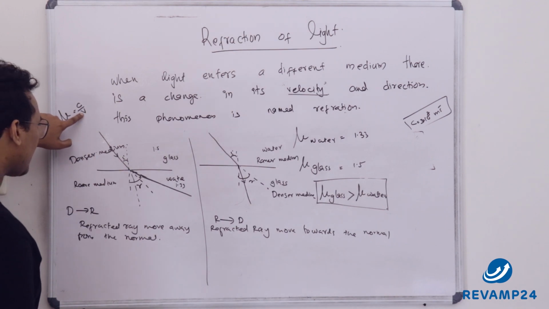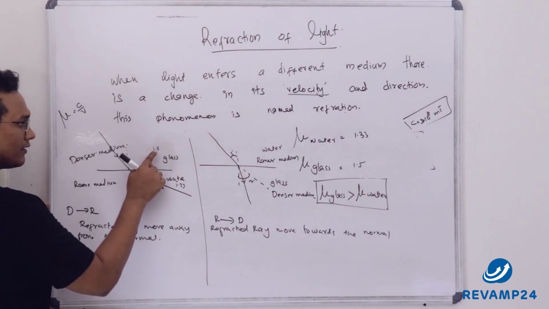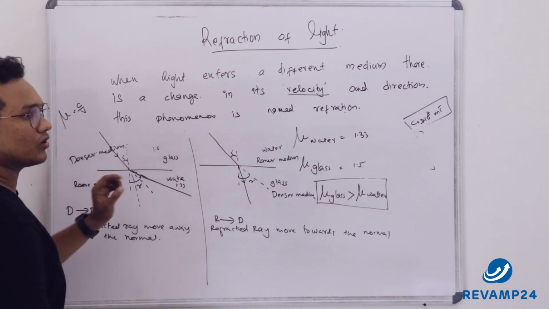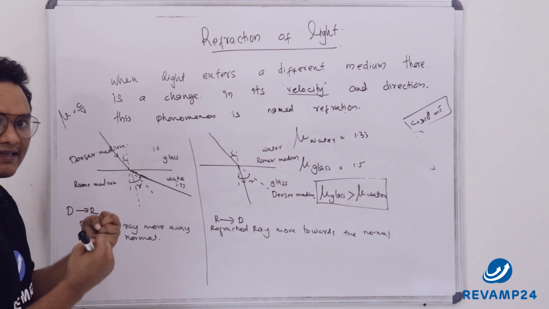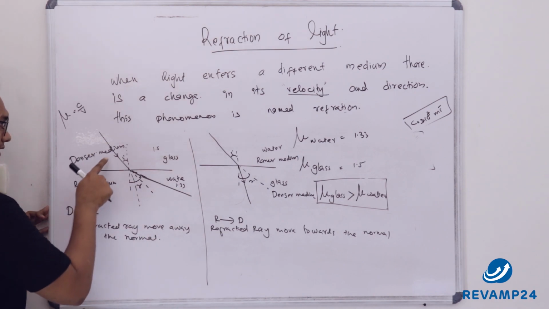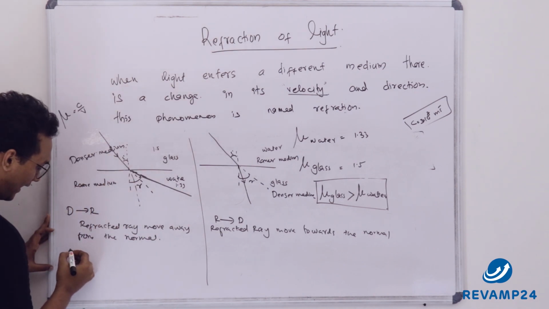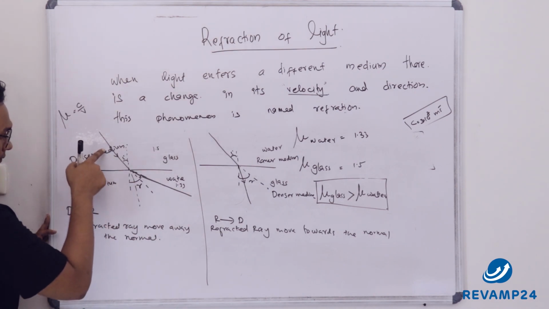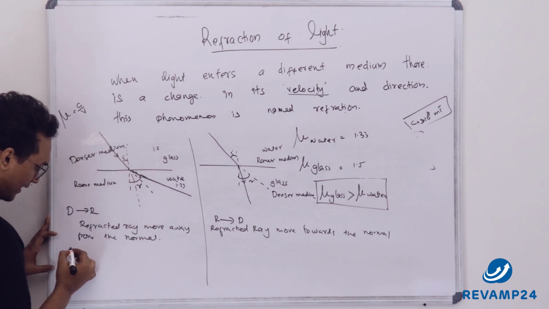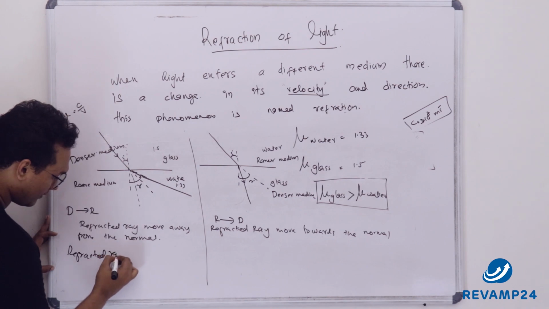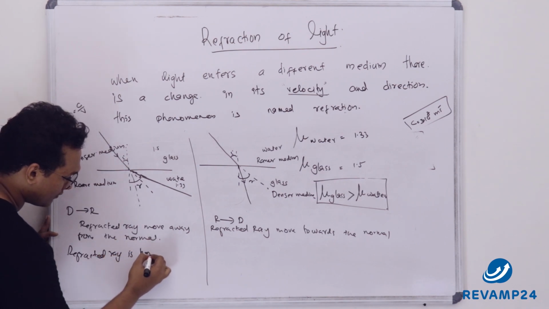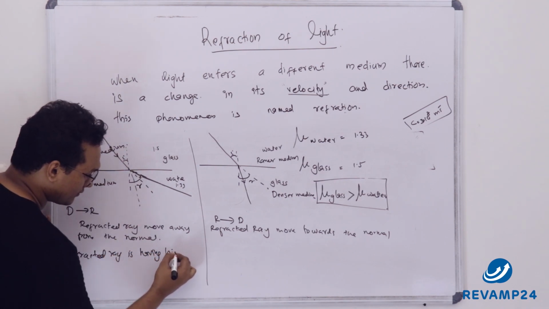Okay, now here 1.5 is higher because glass has lower velocity. Here in water, light has higher velocity. So I can say that in this case the refracted ray is having higher velocity.